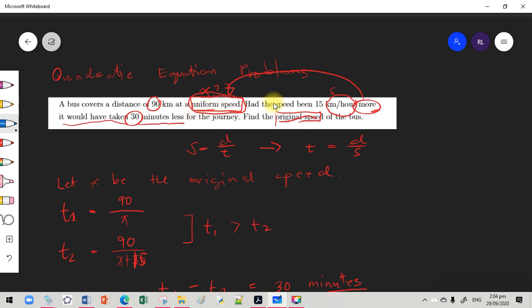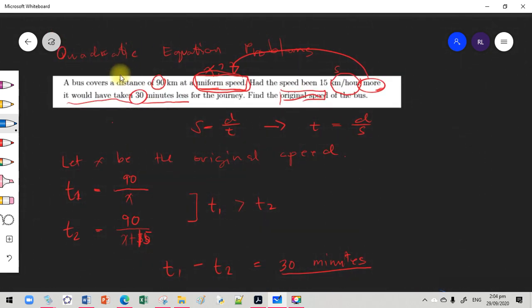If that speed becomes 60, because 45 plus 15 is 60 kilometer per hour, the time will take 30 minutes lesser.